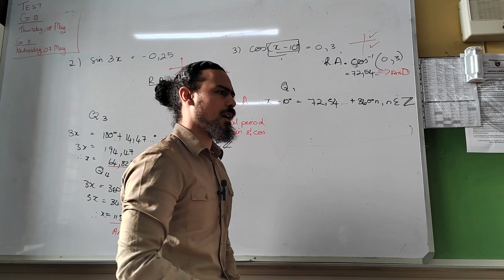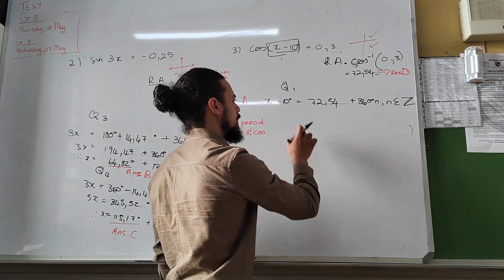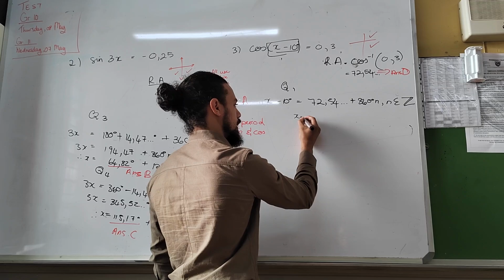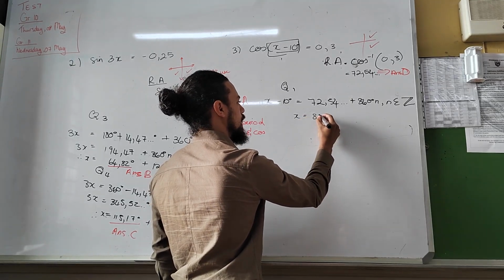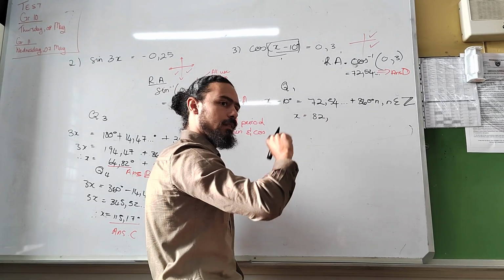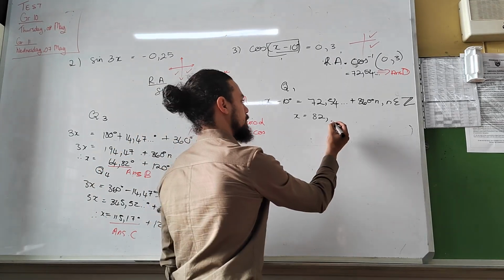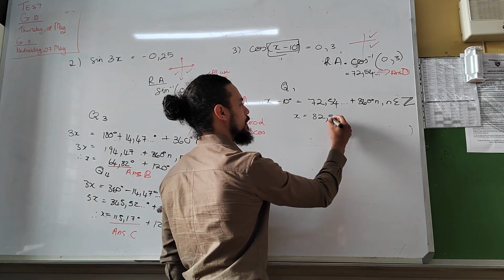Am I done? No, I solved this. Sorry, I just need to take the 10 over, so it's going to be x is equal to 82. Remember the 10, if it goes over, we're doing inverse opposites. So it becomes 82,54.